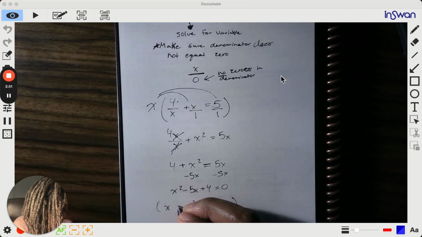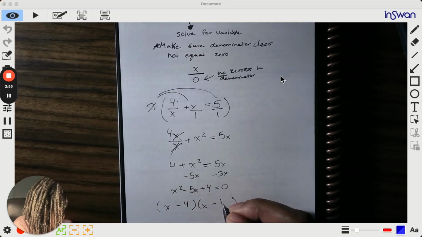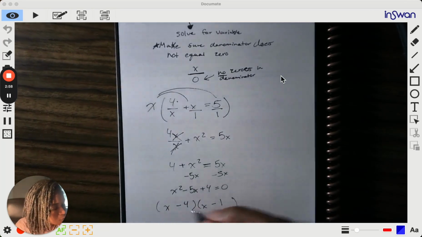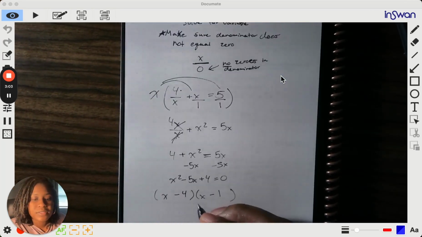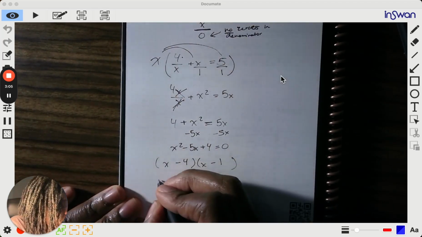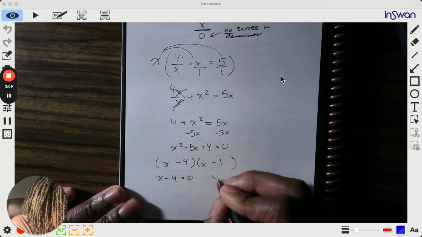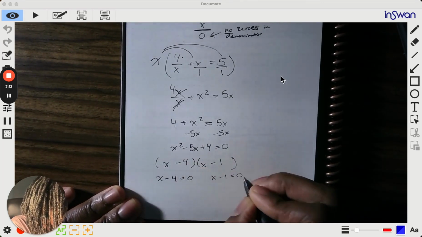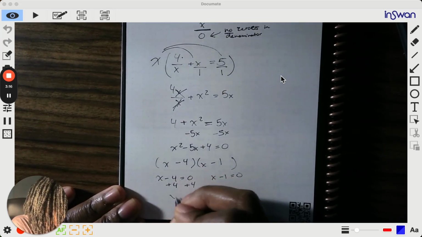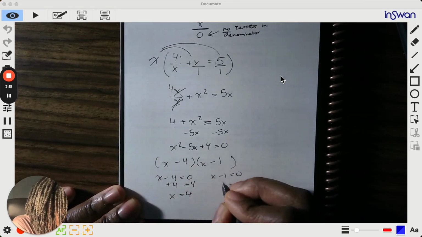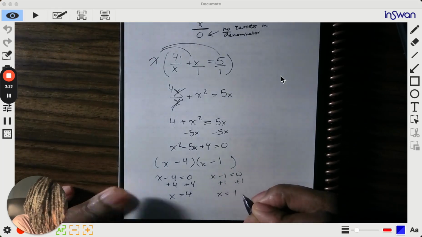That would be a -4 and a -1. Yep, that'll multiply out to a +4, but it adds together for a -5. All right, so these are my factors. And then to solve for 0, I'll do x minus 4 equals 0, and then x minus 1 equals 0. And solve for x on both of these. I'm left with x equals 4, and over here, x is equal to 1.